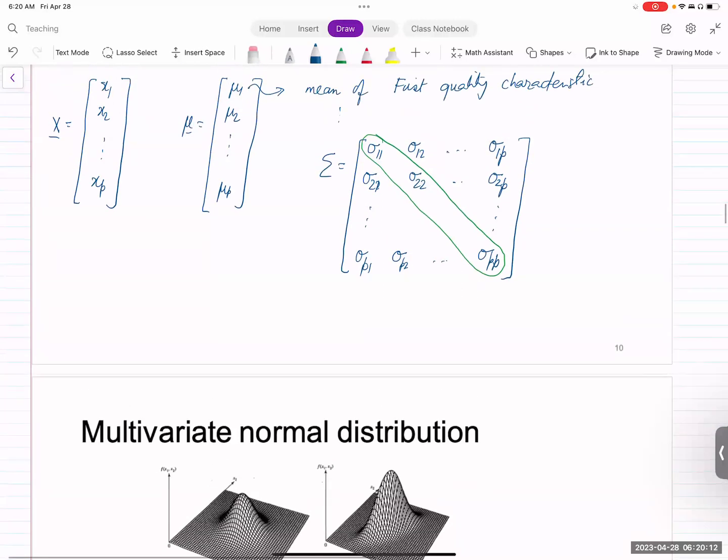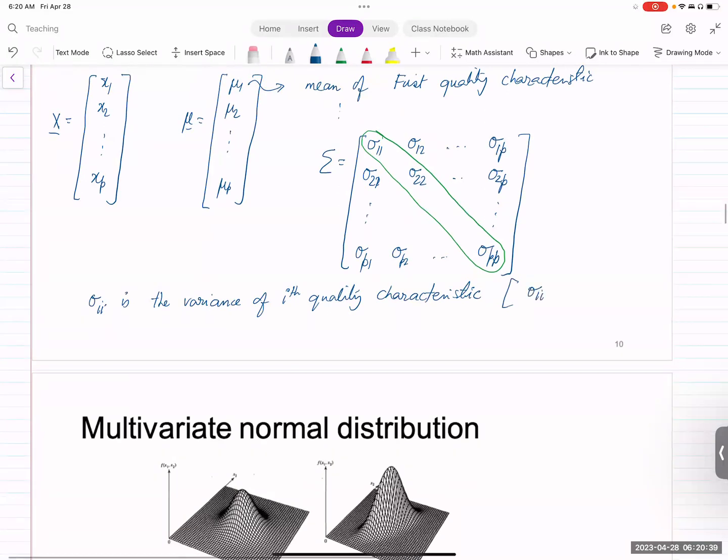So sigma I is the variance of the ith quality characteristic. You can essentially say that sigma I is equal to sigma I squared.